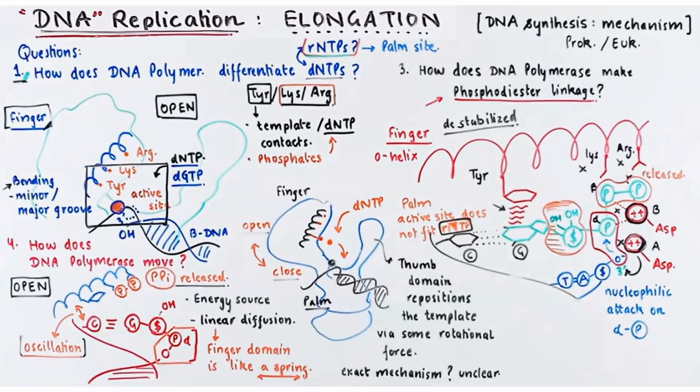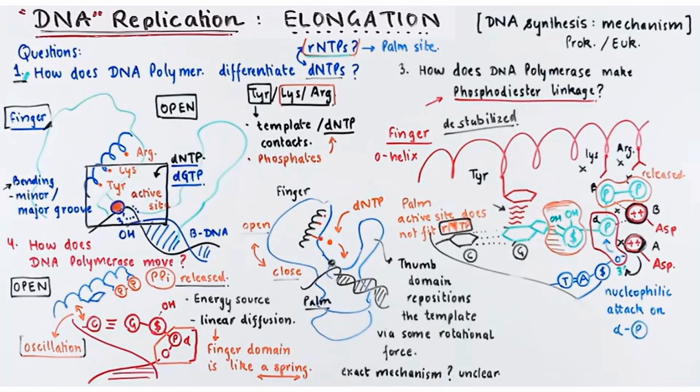Regarding the base pairing of the bases, it is the finger domain which samples the dNTPs by stacking interaction and assesses if the hydrogen bonding is favored or not. The favorable bonding is then confirmed by proper contacts of the finger domain and the divalent ion. So the simple answer to this question is the finger domain dynamics.